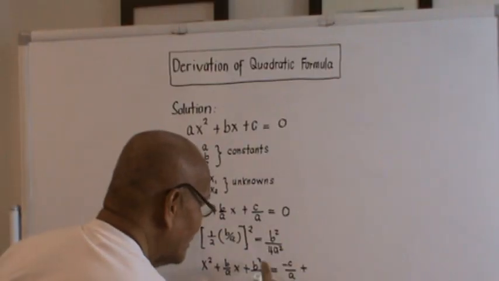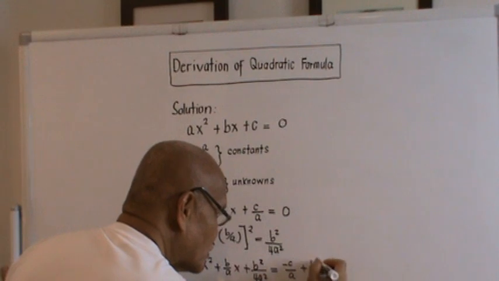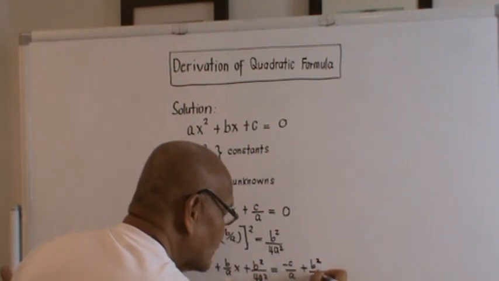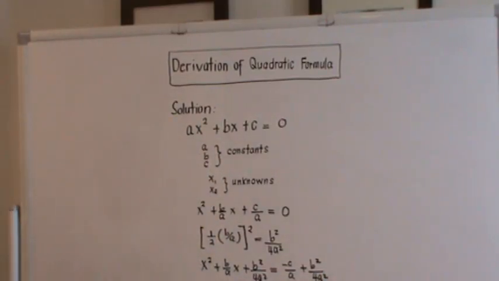This is b squared over 4a squared, okay?